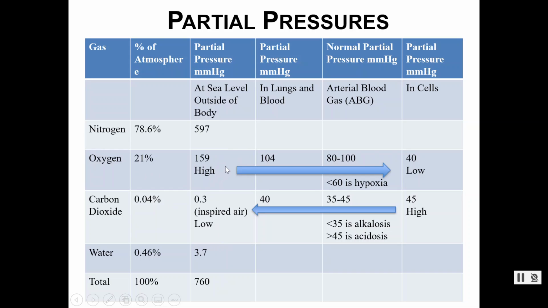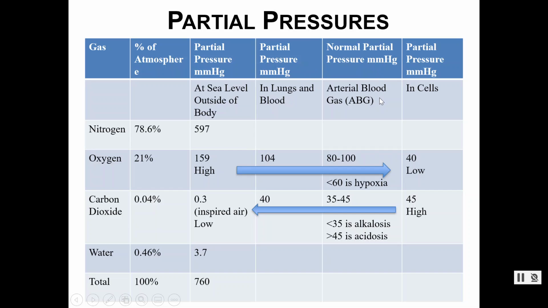So at sea level, outside of your body, so the air that you're breathing in when you're in your backyard, oxygen has a partial pressure of 159, carbon dioxide has 0.3 millimeters mercury. Then we're going to move to the partial pressure in the lungs, and the blood in the lungs.